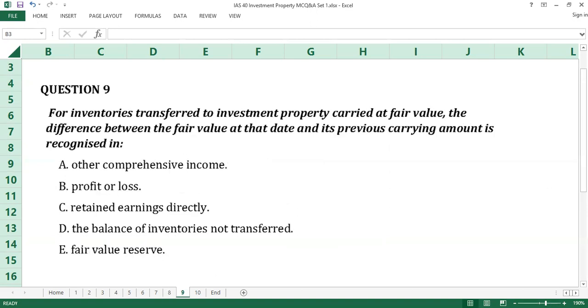Question number 9. For inventory transferred to investment property carried at fair value, the difference between the fair value at that date and the previous current amount is recognized in dash. A. Other comprehensive income. B. Profit or loss. C. Retained earnings directly. D. The balance of inventory not transferred. E. Fair value reserve. Time counts.